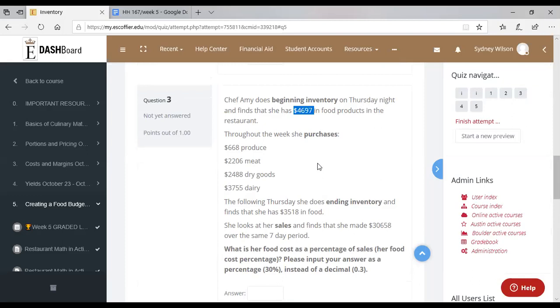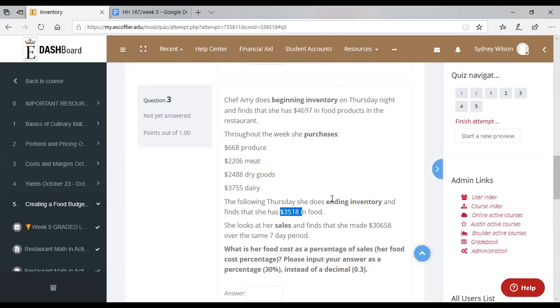Now that we've added the beginning inventory and the purchases, we're going to subtract her ending inventory, which in this case is the 3,518. So what I get is 10,296. That is our total food cost.